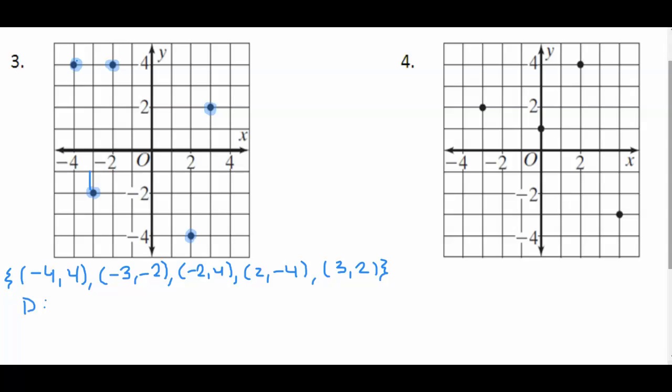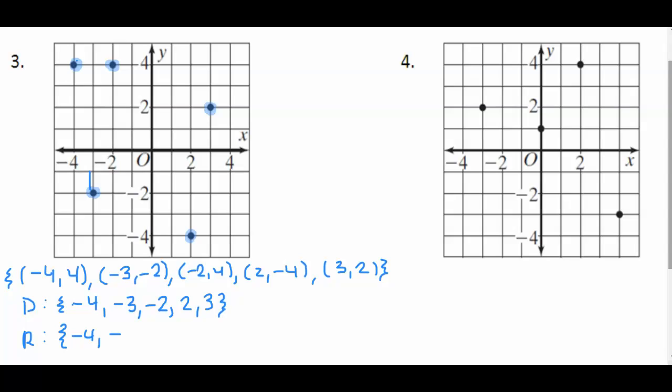My domain are my x values. So that's -4, -3, -2, 2, and 3. My range is my y's.